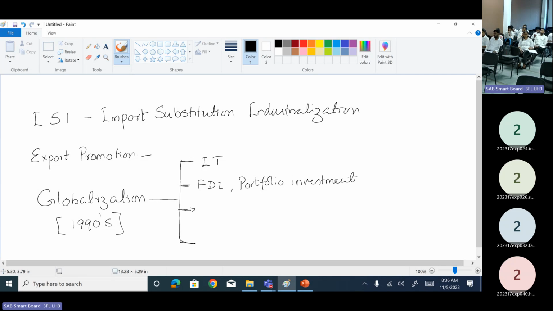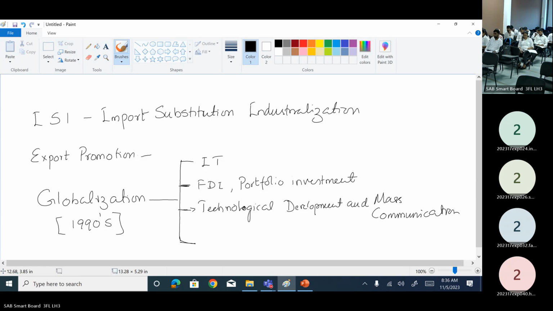The other one is technological development and mass communication, like the development of communication systems and so on.